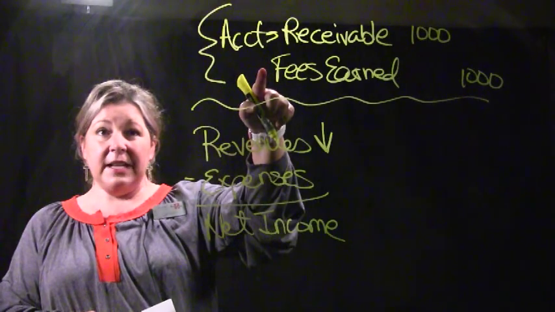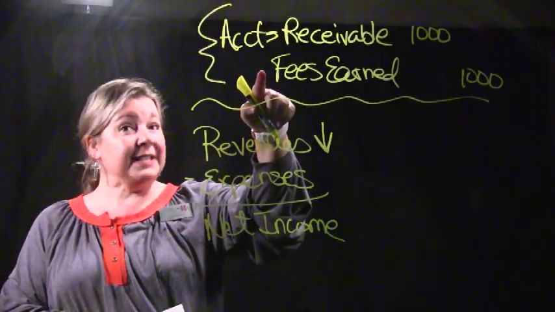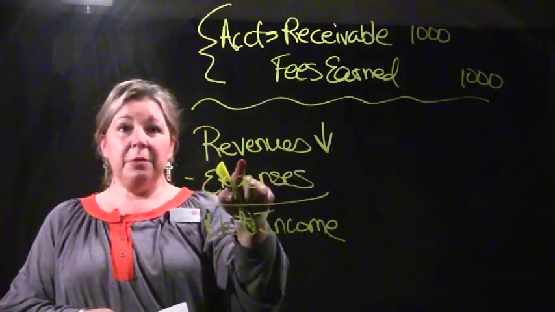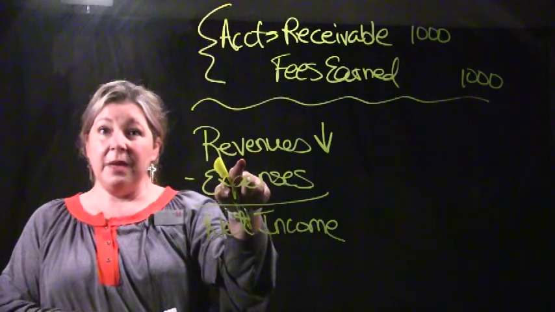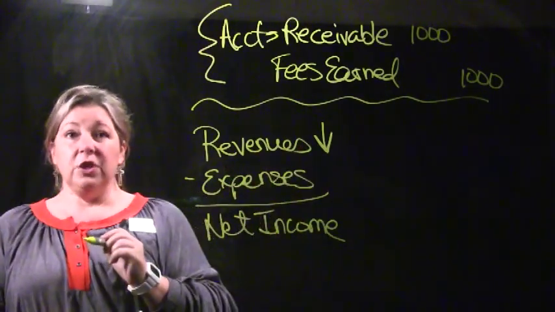I should have credited, which means I should have increased it, but I didn't, which means that $1,000 didn't get put on my income statement, which means revenues are lower than they should be.